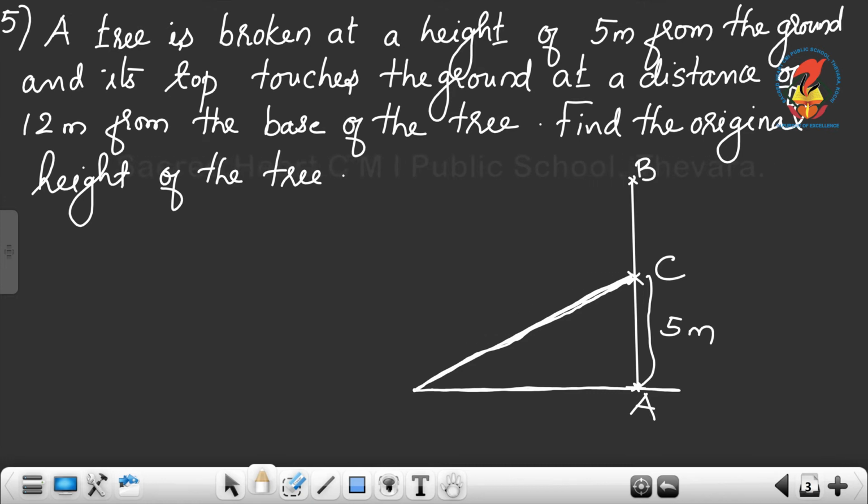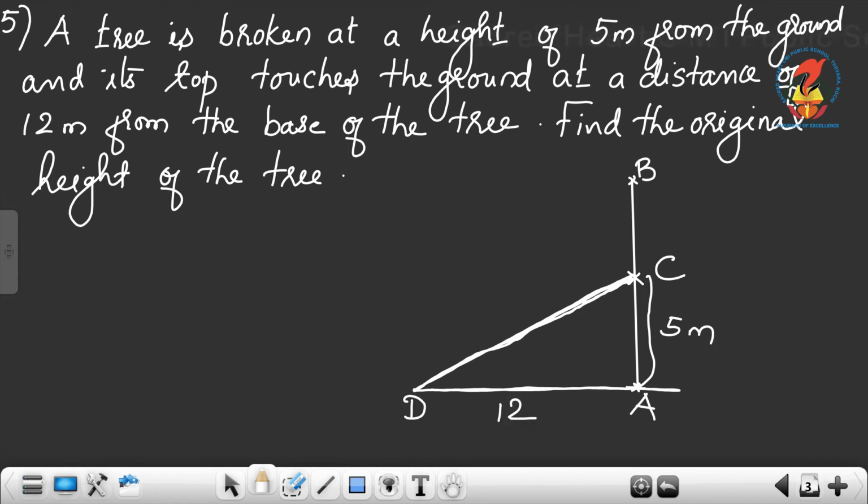Then B takes the position D. That means CB takes the position CD. And the top touches the ground at a distance of 12 meters from the base of the tree.